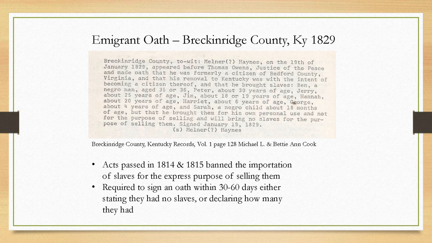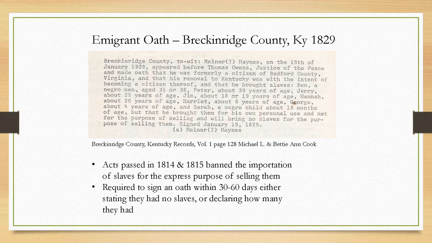So I call this an immigrant oath. I couldn't actually find an official title for what this is. In 1814 and 1850, Kentucky passed acts banning the importation of slaves explicitly for the intent of selling them. Anyone who moved into Kentucky had to sign an oath or an affidavit saying either they had no slaves and had no intention of selling slaves, or if they did, they had to list who their slaves are.